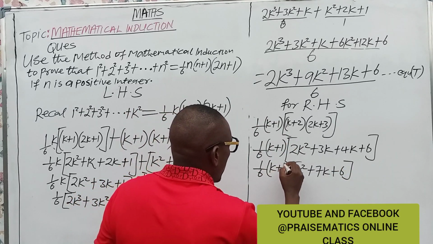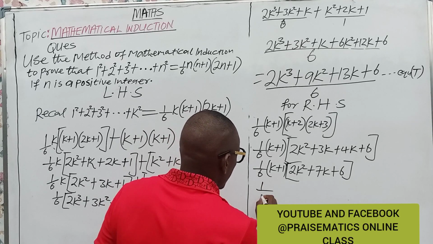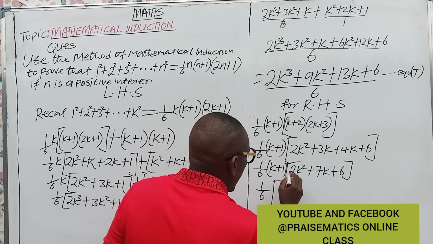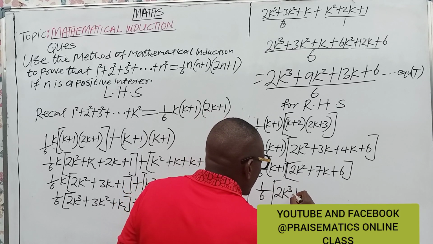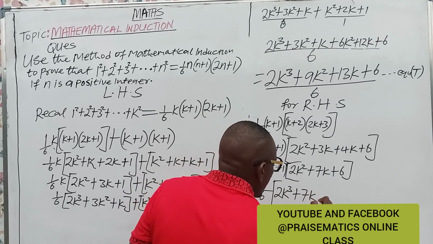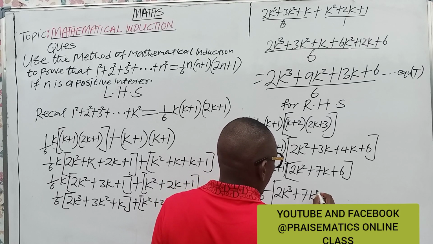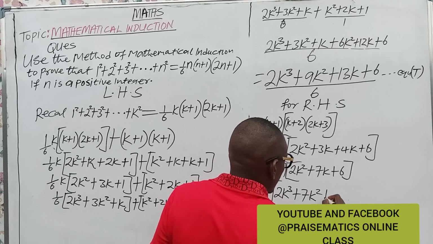Now let's multiply. We have 1 over 6 into: k times 2k is 2k cubed. K times 7k is 7k squared.